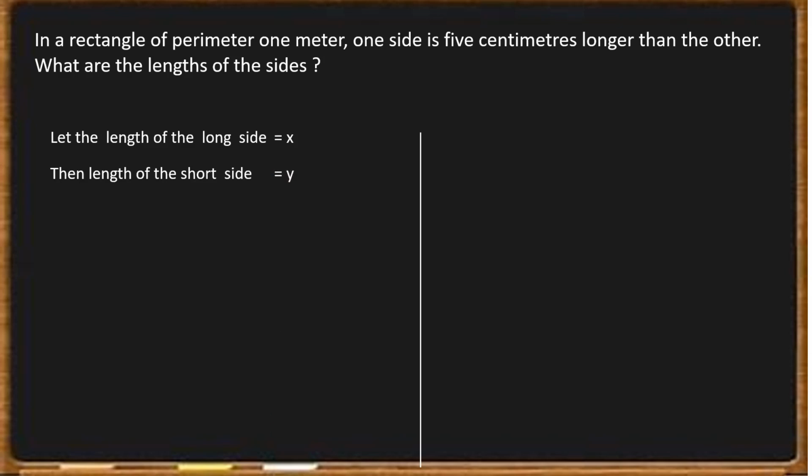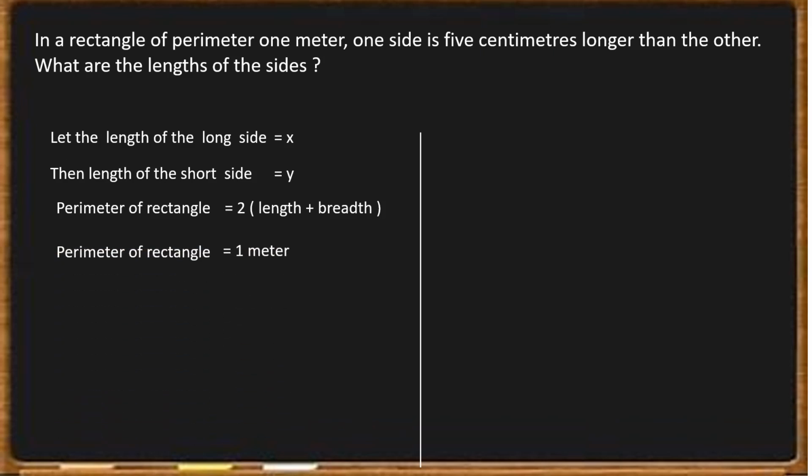Okay, so here we are dealing with two variables or two letters, and the perimeter of a rectangle is given as 2 into length plus breadth. Here in this question the perimeter of the rectangle is 1 meter, and 1 meter is equivalent to 100 centimeter.